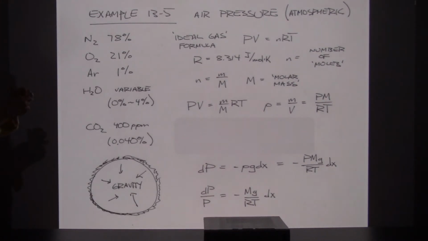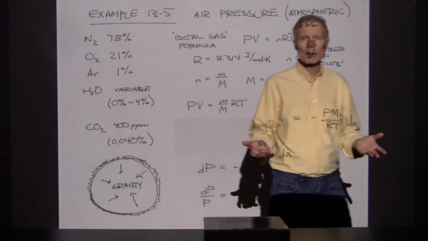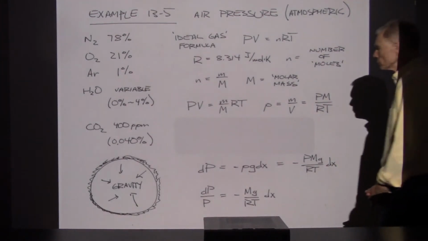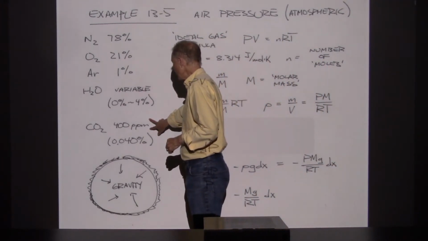Now on the other hand, in terms of geophysical properties, in terms of global warming, that level of carbon dioxide is significant. You can see that that's a very low level. We need to keep it at that low level.